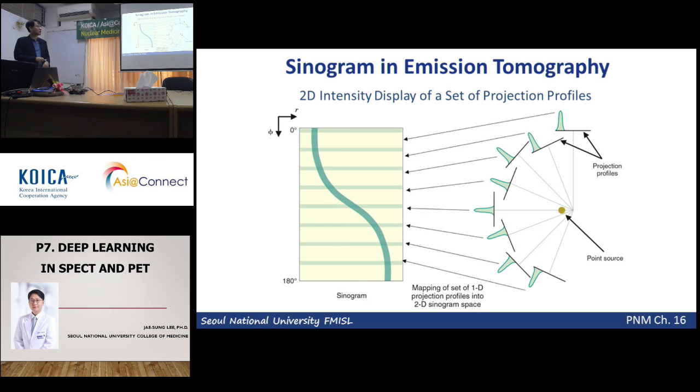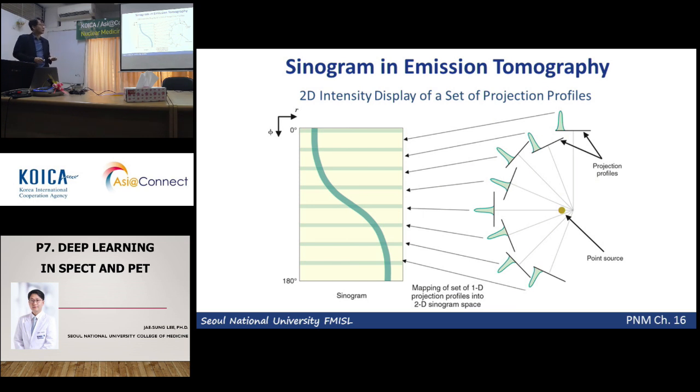So a human can interpolate this sine wave even if we don't have some data. Even though we didn't have any data here, we can do that. A human can interpolate the sinogram space easily if there is only a single point source.